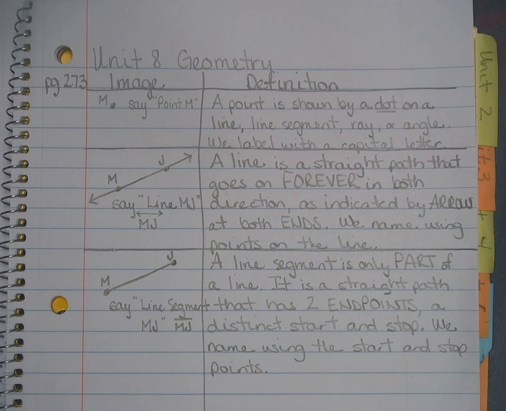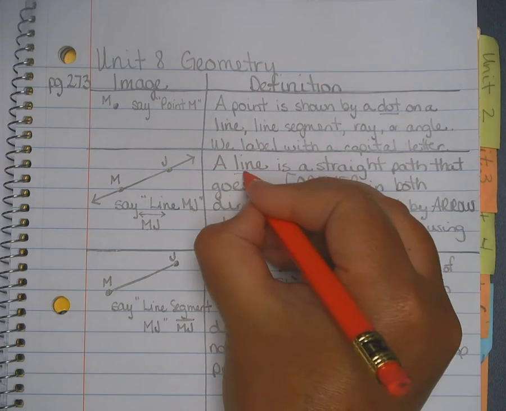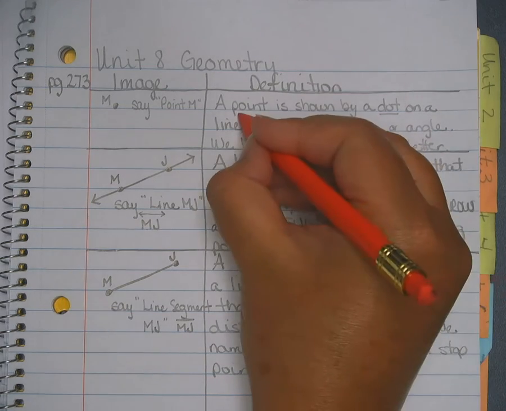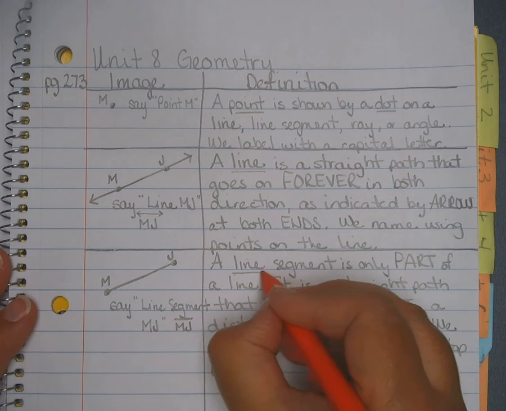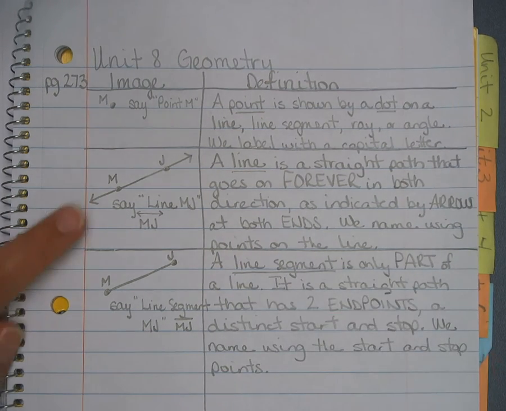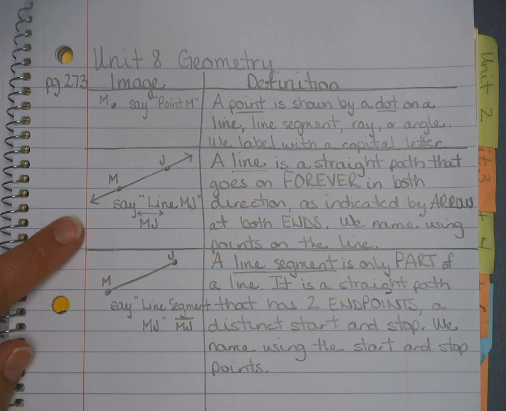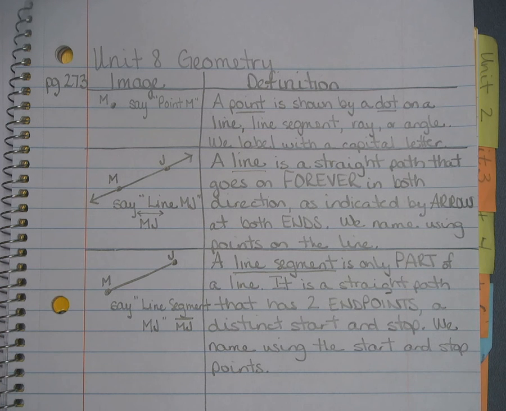We have a line that is a straight path that will continue on forever in both directions. We use those points on that line to give it a name and refer to it by its name. We also have a line segment, which is only part of a longer line. We again use points on that line segment so that we can name it, refer to it, and talk about or discuss it.